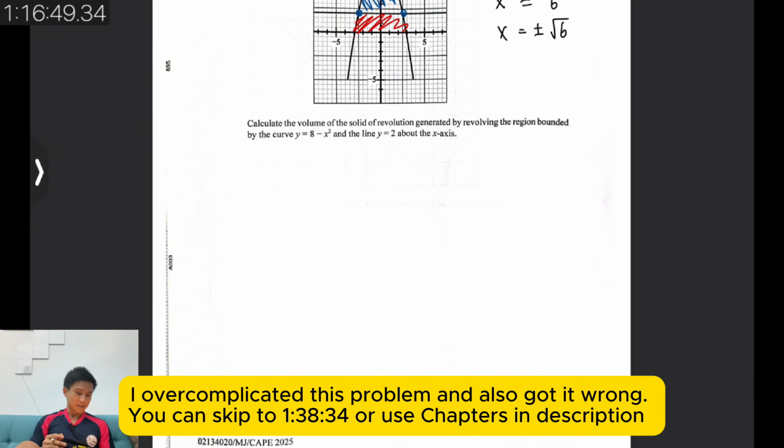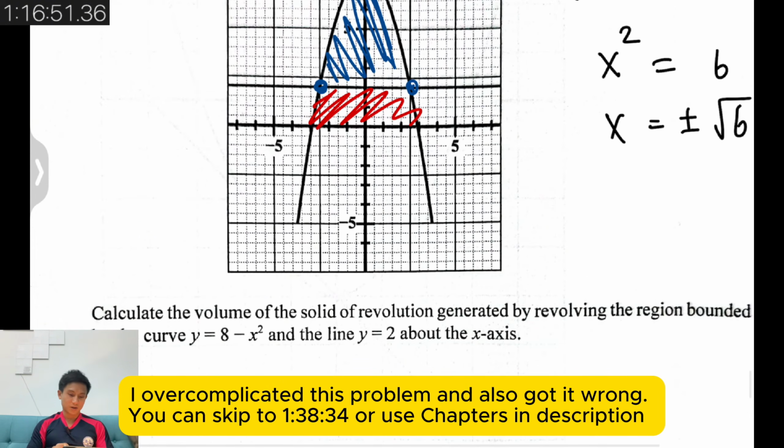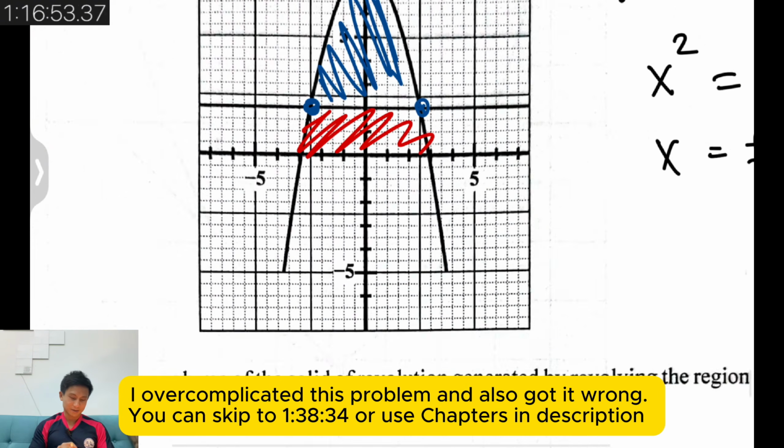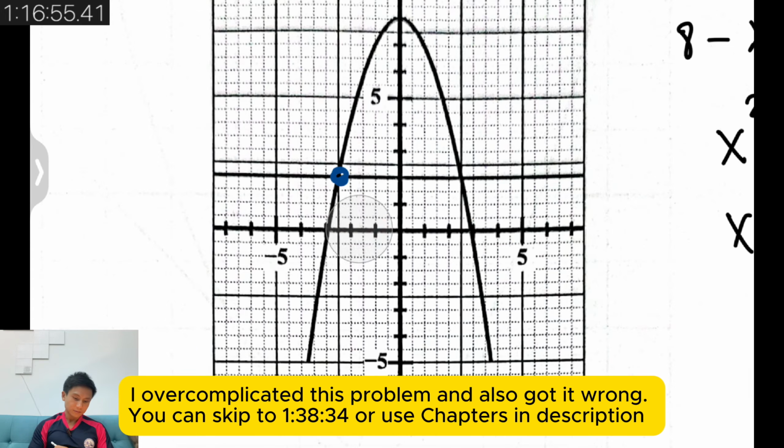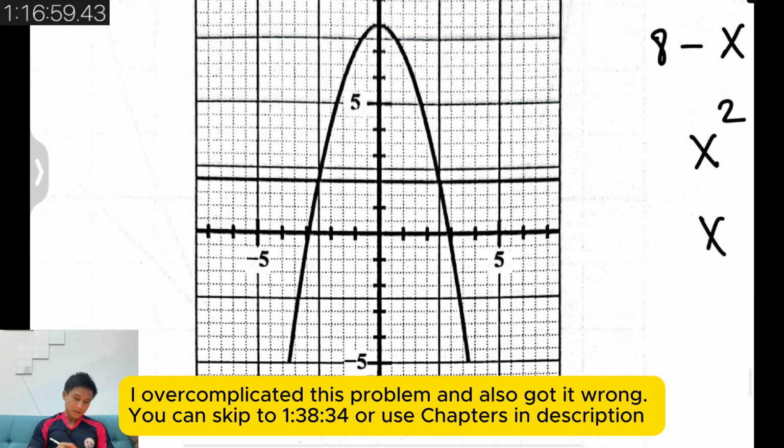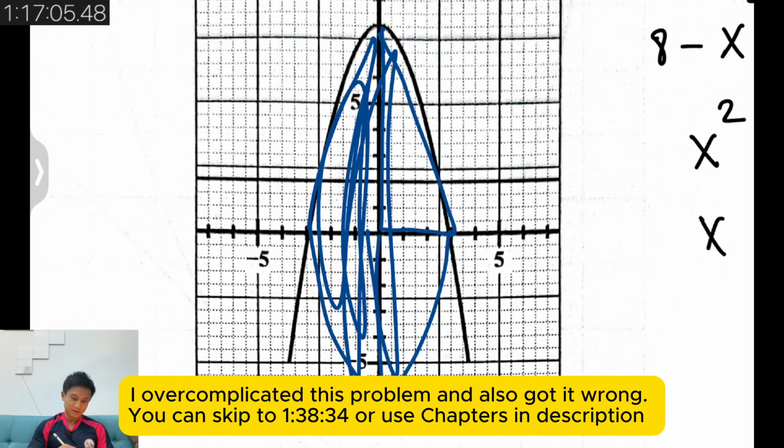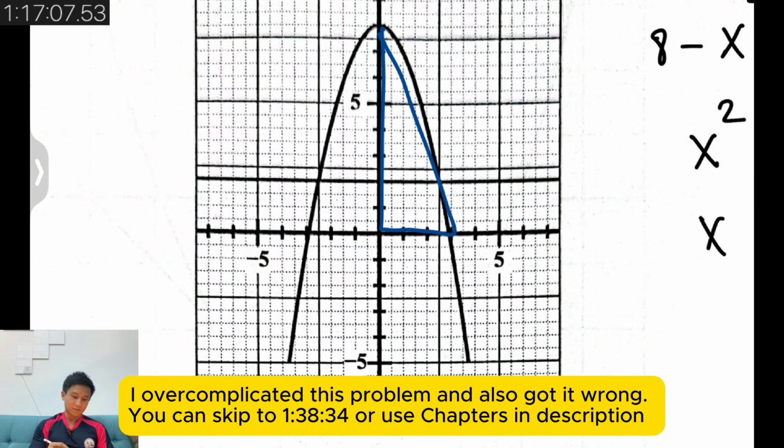What would work, I think, is to split. I can do the whole curve, so I'm going to get a UFO as I mentioned. This is going to be the volume of the solid by the curve alone.